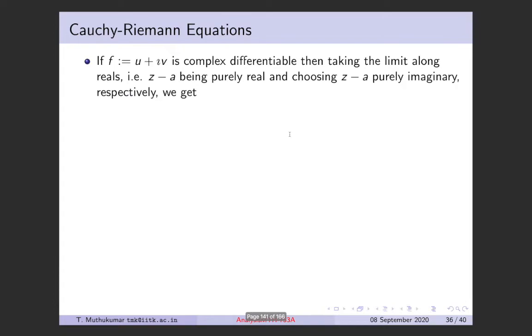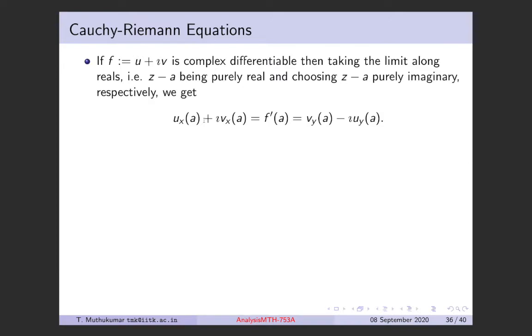So if you do that exercise, that's what I'm saying here. If you choose the path z minus a going to 0 as purely real, and similarly z minus a as purely imaginary, what we get is this equation. When you take the path along the x-axis, what you get is the partial derivative of the function with respect to x.